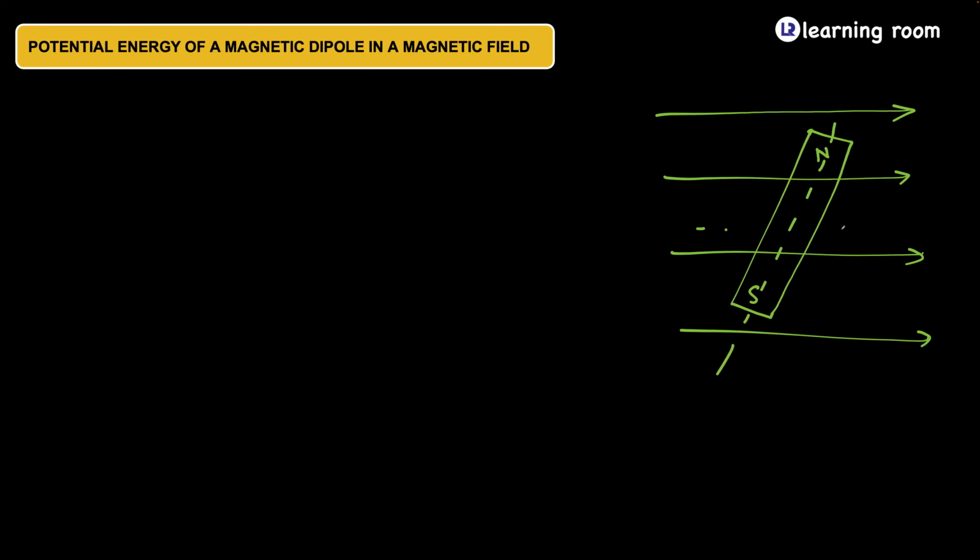This is going to be the axis, and I take this to be theta. So this pole is experiencing a force in the rightward direction, and this pole is experiencing a force in the leftward direction. Am I right?